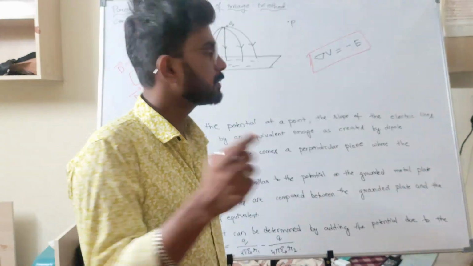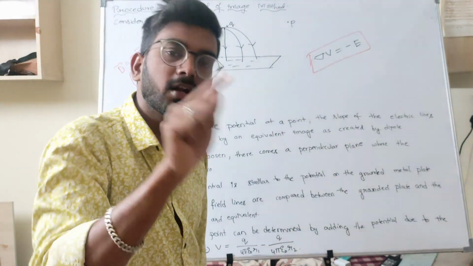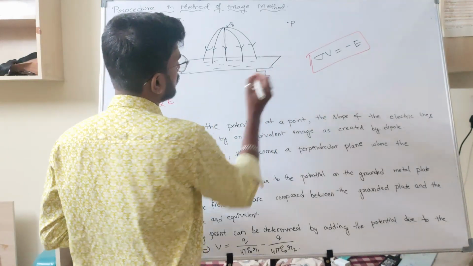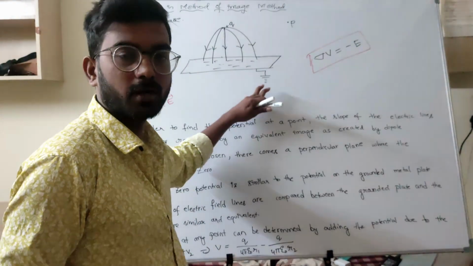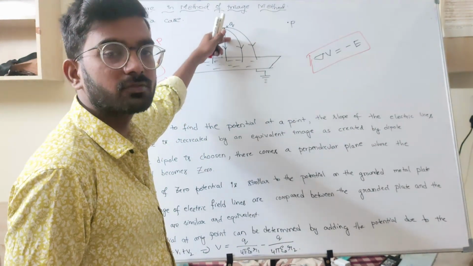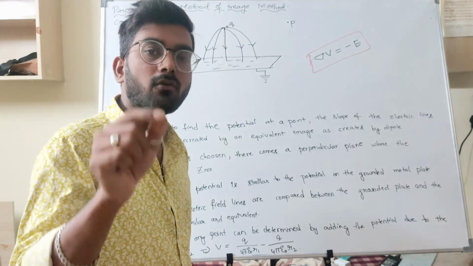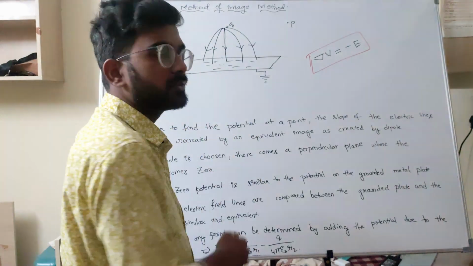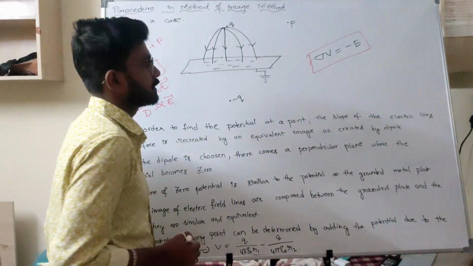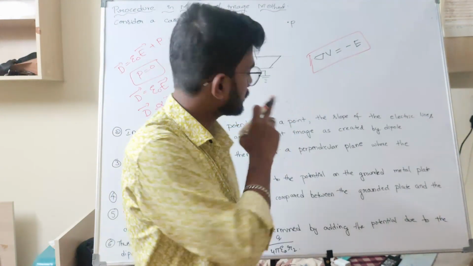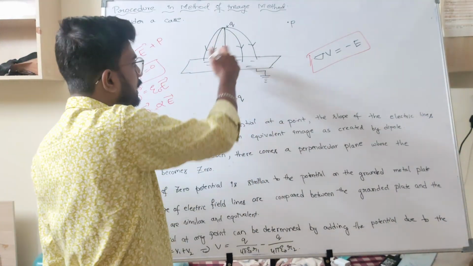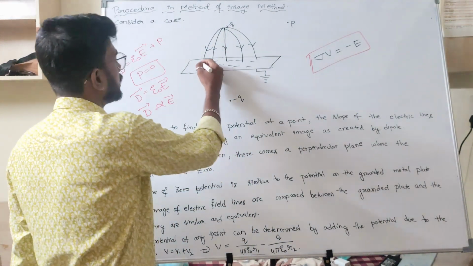When a single charge is present above the grounded conducting surface, if the conducting surface is grounded, then there is a creation of opposite charge, minus Q, on the other side of the conducting surface. So you can join these.